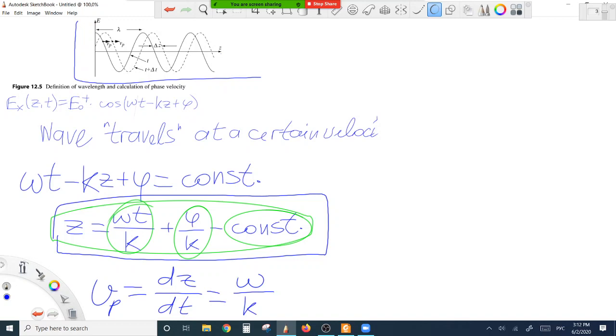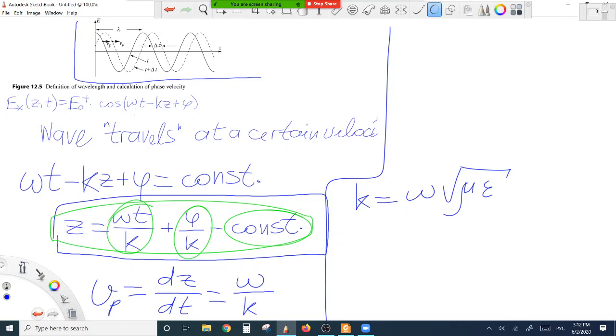At the beginning, we denoted k as omega multiplied by square root of mu epsilon.